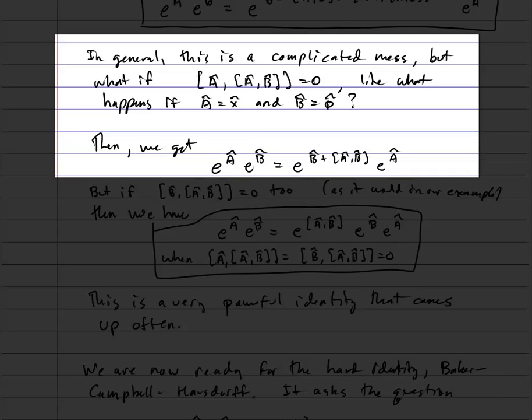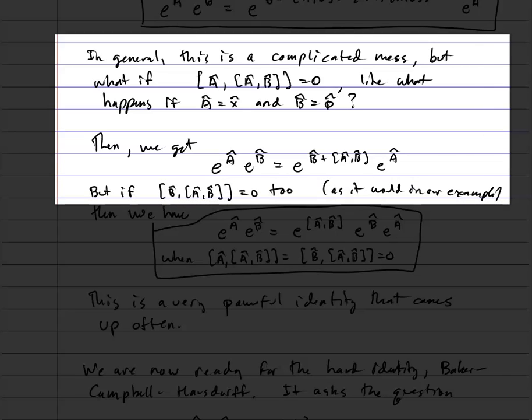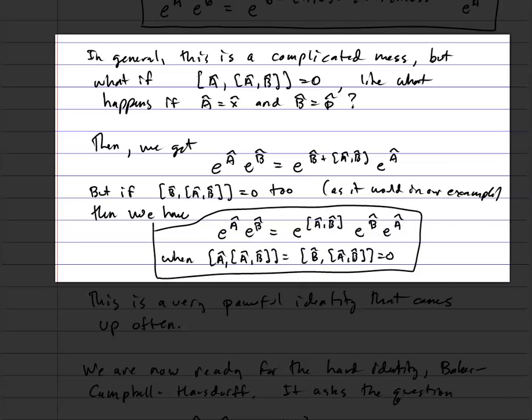And then what we get is a much simpler expression. e to the a, e to the b equals e to the b plus the commutator of a with b times e to the a. Now, if the commutator of b with the commutator of a with b is also equal to 0, which is true in the example I gave with a equals x and b equals p, then you can remove that exponential factor because it commutes with e to the b.